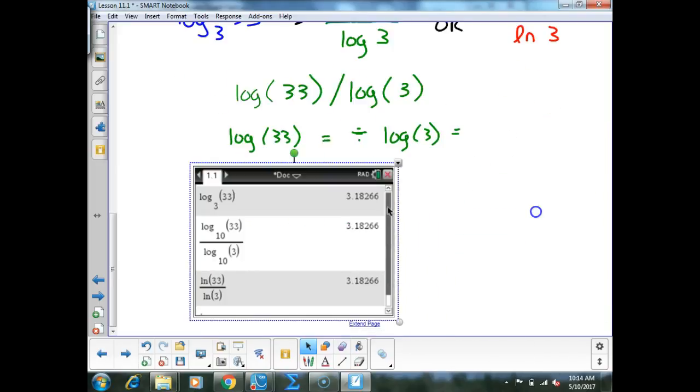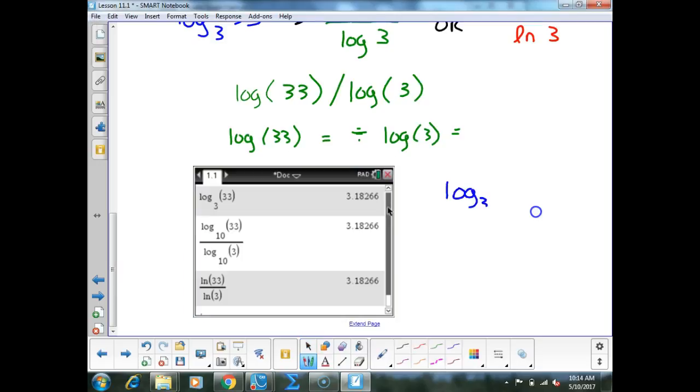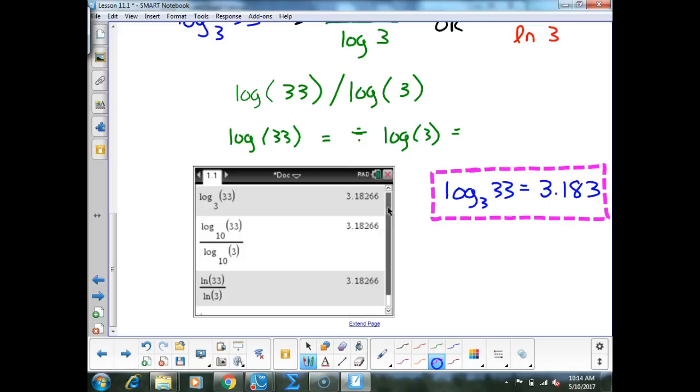So log base 3 of 33 is equal to 3.183. In answer to your question, Megan, we will be rounding to 3 decimal places.